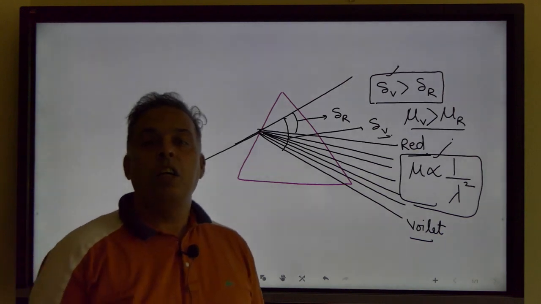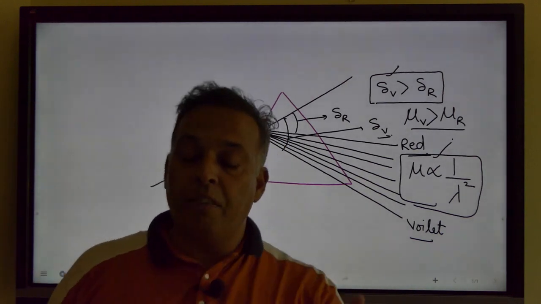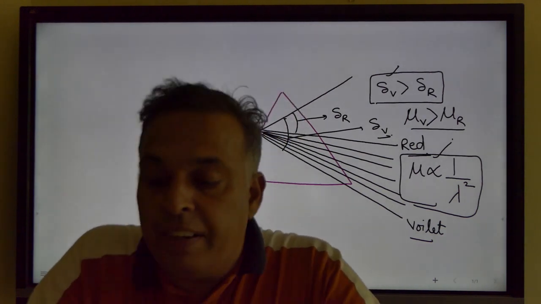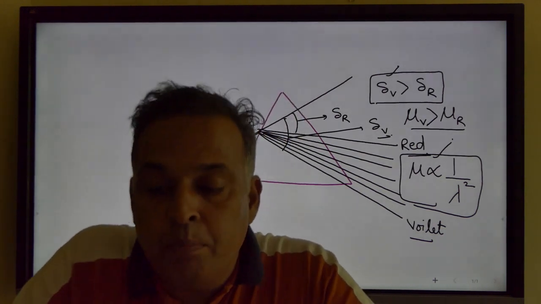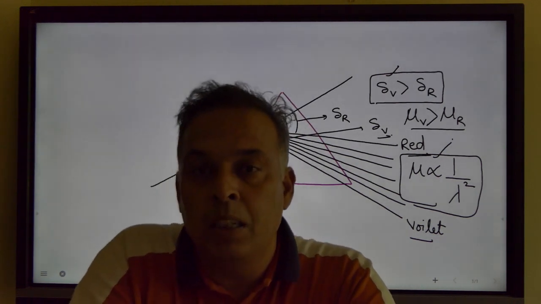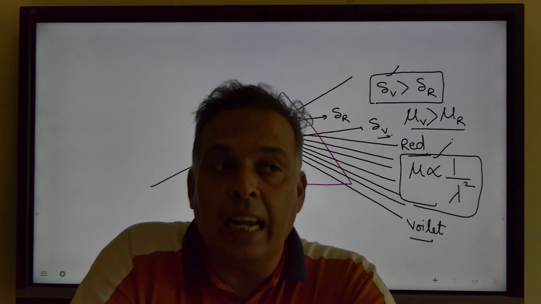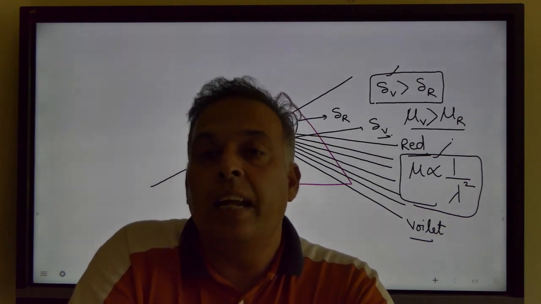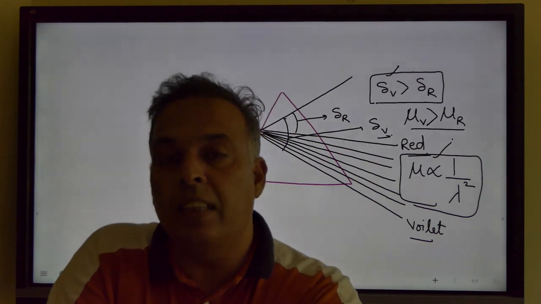Lesser the wavelength, more the refractive index. More the wavelength, lesser the refractive index. So the refractive index of a medium for violet color is maximum, more than for red color.